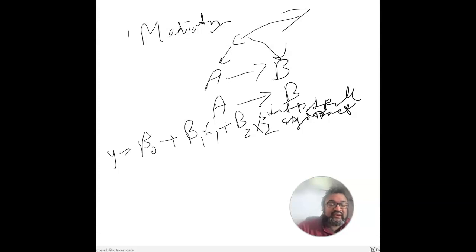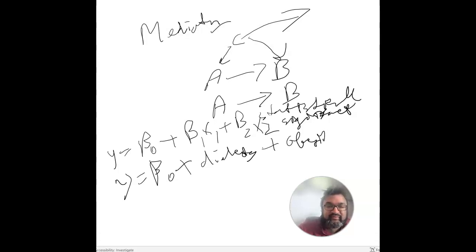So let's take a look at our original example of diabetes and obesity. Let's still have beta naught because that's the intercept, and then diabetes, and then obesity. So is obesity mediating the relationship between diabetes and, we can say, MI, myocardial infarction? The question is, is obesity mediating the relationship between diabetes and MI?